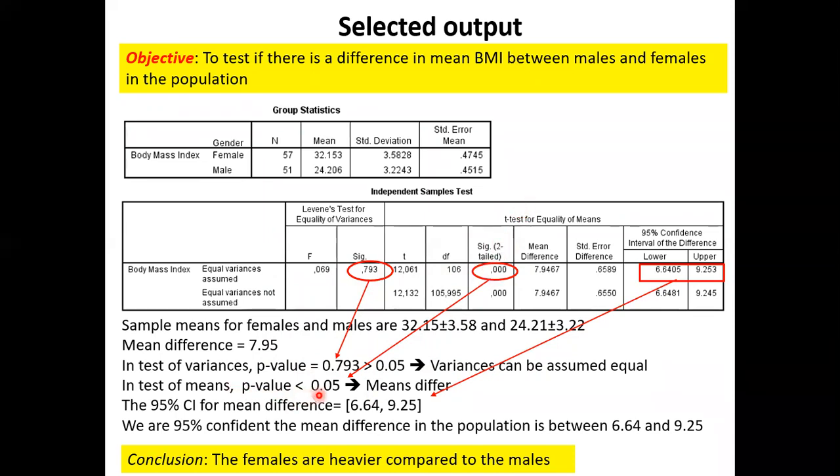That is less than 0.05. Therefore, the means differ, from here to here. So the conclusion: is there a difference? Yes. Who's heavier? Based on this, females are heavier than males.